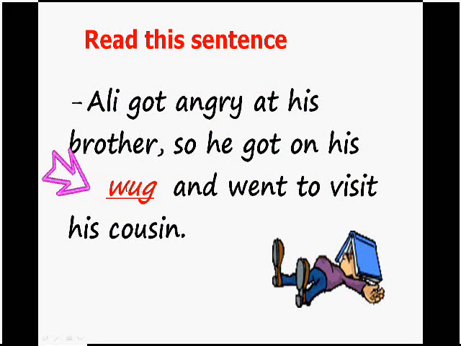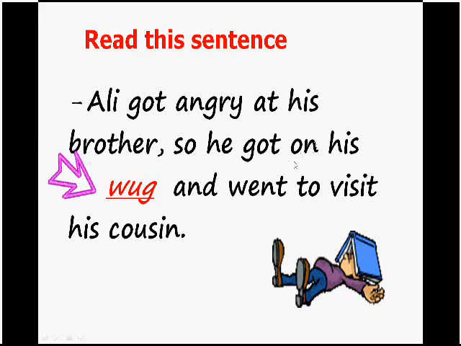Let's look at this sentence and try to guess the meaning of this word. Ali got angry at his brother, so he got on his wagon and went to visit his cousin. Of course, the word wag is a word we can't understand. What is this word? You find it in red. So how can we guess the meaning of this word? We don't know this word.